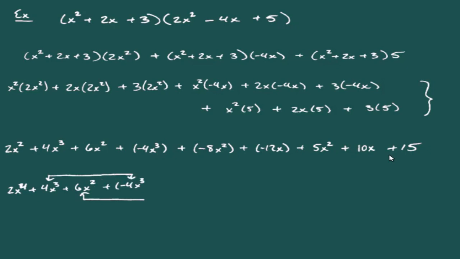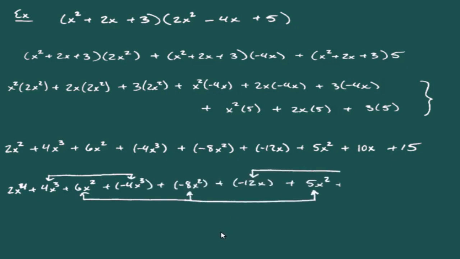Now looking for like terms, we actually find quite a few. We've got like terms in the 4x cubed and the negative 4x cubed. We've got like terms in the 6x squared, the negative 8x squared, and the 5x squared. And then finally, we've got like terms in the negative 12x plus the 10x.